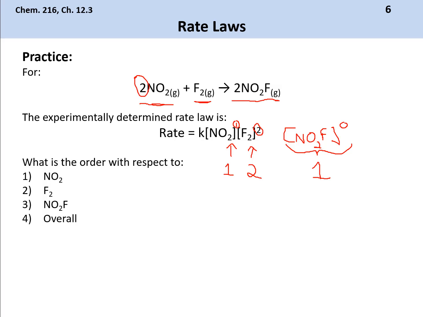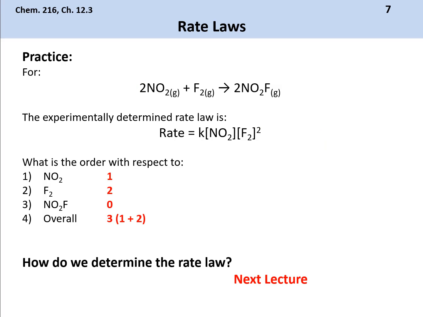And whenever we deal with products such as NO2F, they'll always be to the 0 order. And the last thing we want to know is the overall rate order. The overall rate order is the sum of all these other ones. So I have 1 plus 2, and that gets me 3. So how do we determine rate laws? We'll deal with that next lecture, but for now we're just going to look at rate laws.